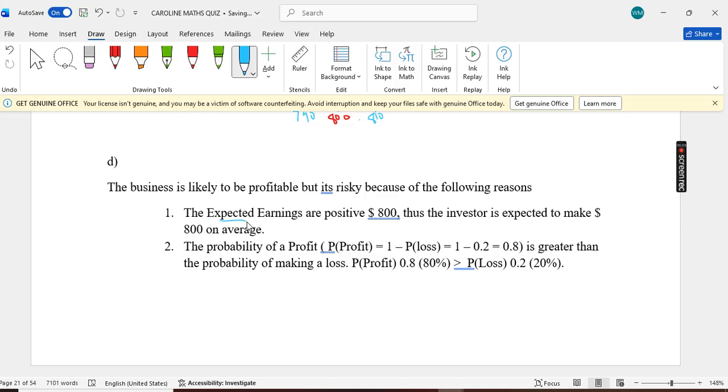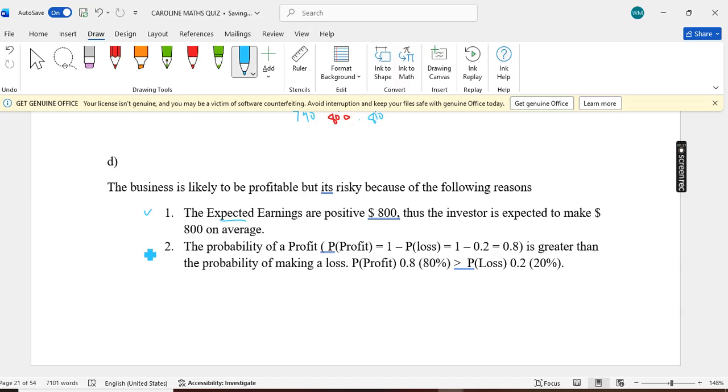So that's a good thing. No one is going to invest in any industry where your average return is negative, because it means on average you'll be making a loss. So that's the first tick. We can say, okay, that's a good sign. Our average return is a positive number.